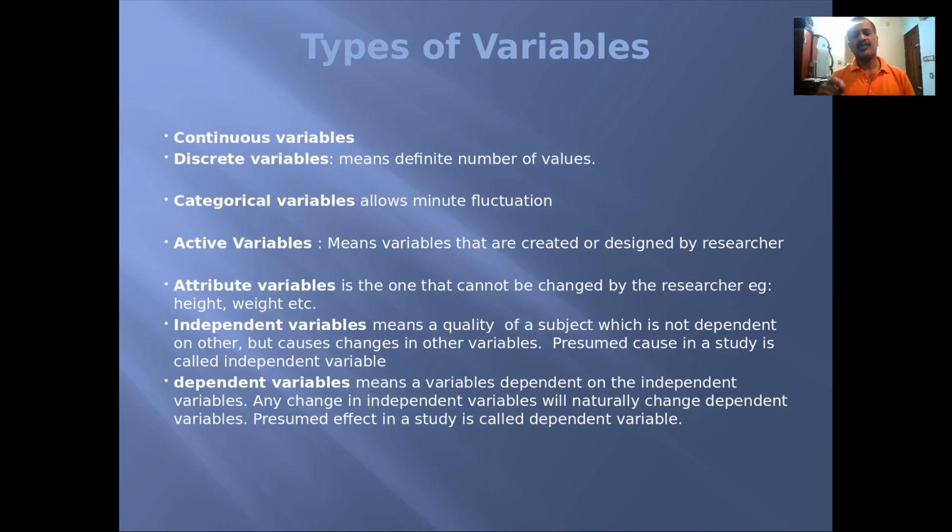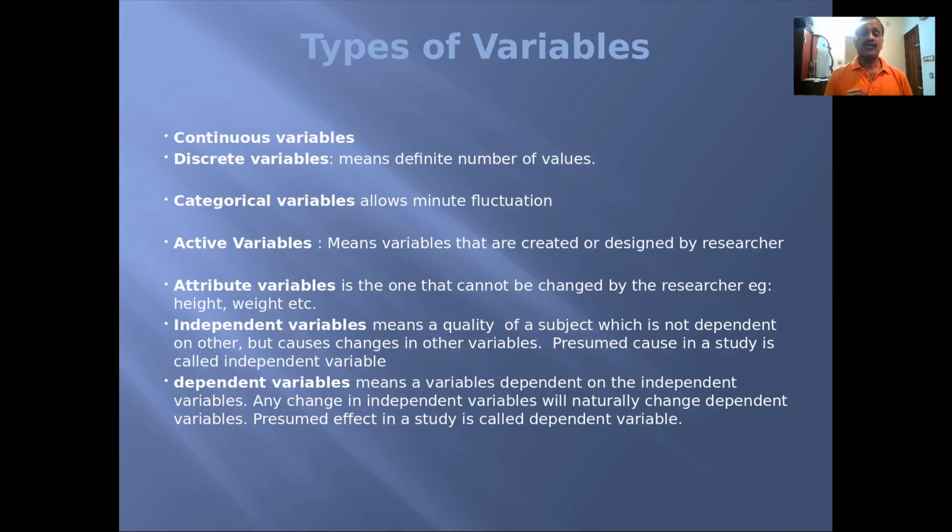In giving mouth care, we have developed a new dentifrice, and we just want to test the efficacy of that. Here this variable is created. Or we found a new medicine to treat anemia. So we just want to see the effect of this particular medicine in reducing anemia. So this medicine is newly developed, that is a variable created or designed by the researcher. So these types of variables we call active variables.